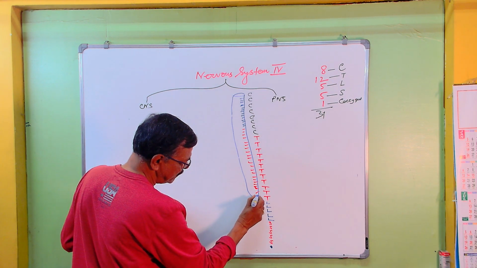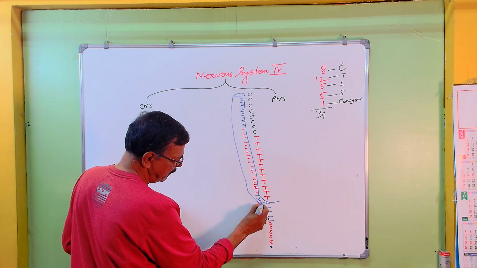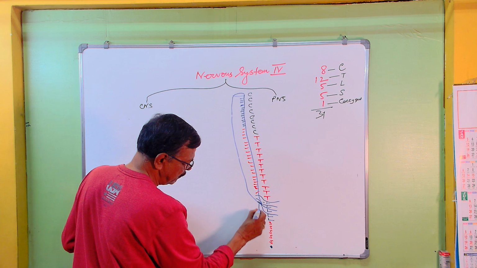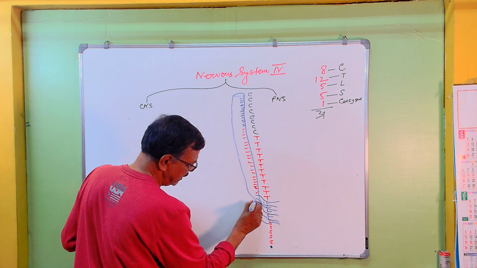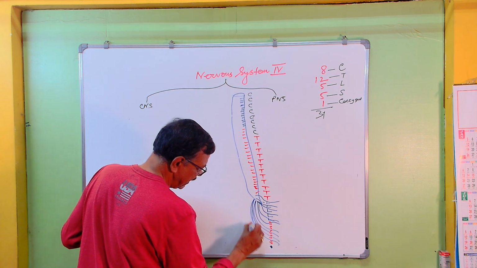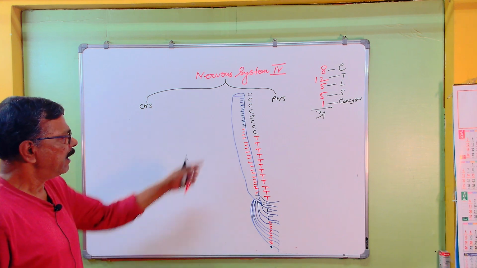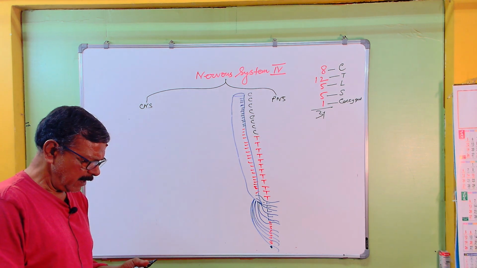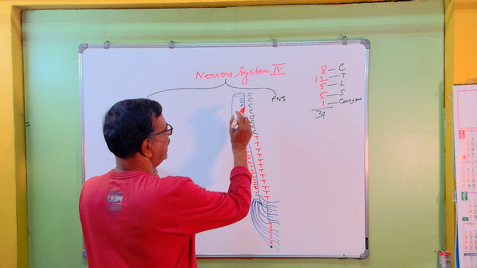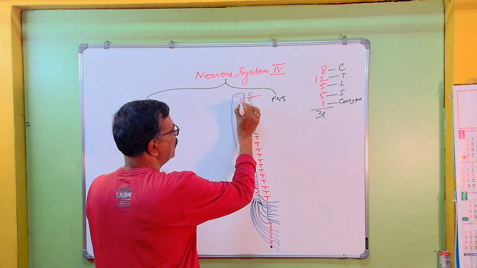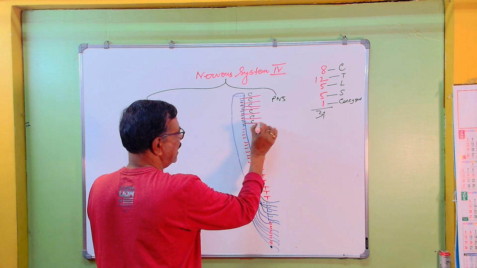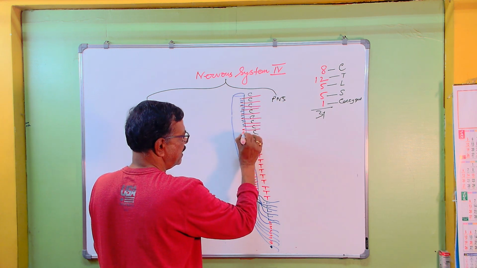the nerves which come from here go out. It comes from here, goes out; it comes from here, goes out, and so on. Now these nerves, which I will call cervical nerves, correspond with the cervical vertebrae: first, second, third, fourth, fifth, sixth, seventh, eighth.